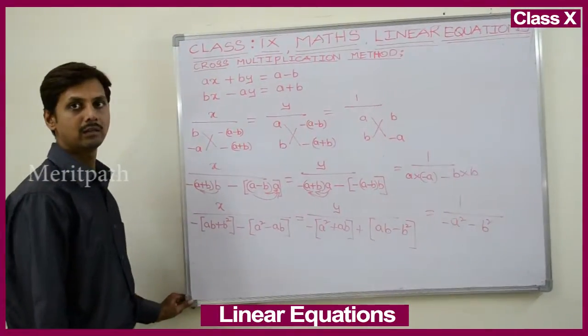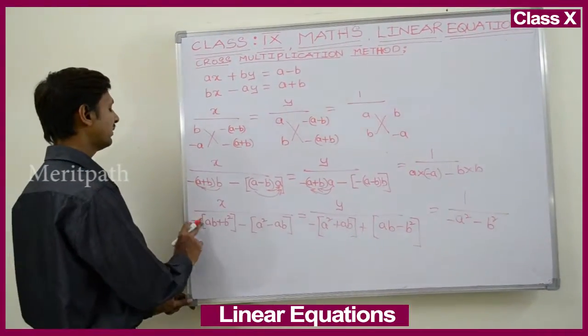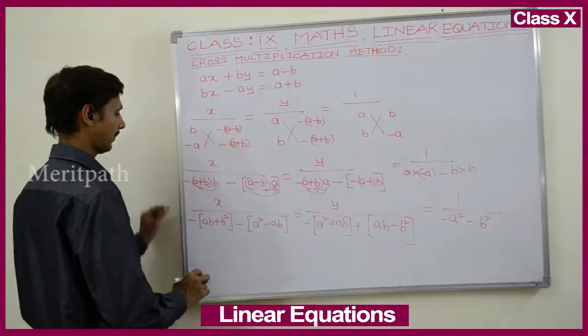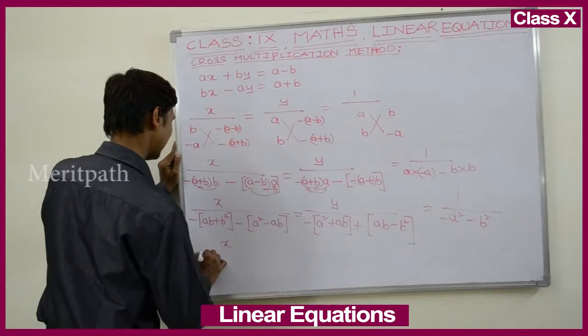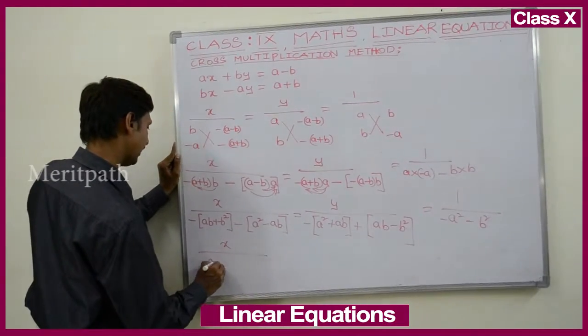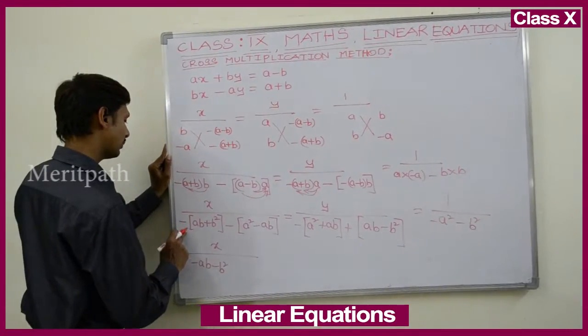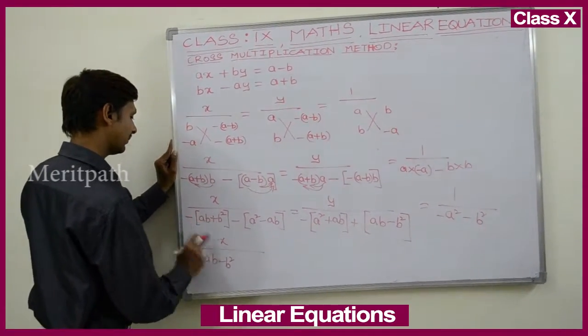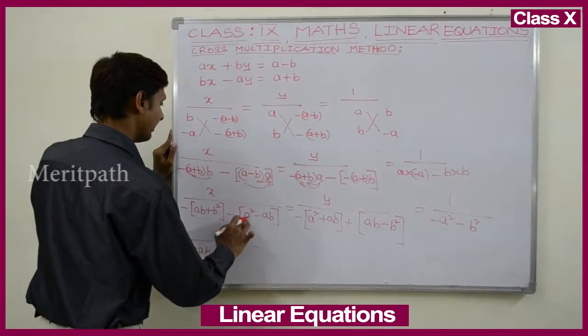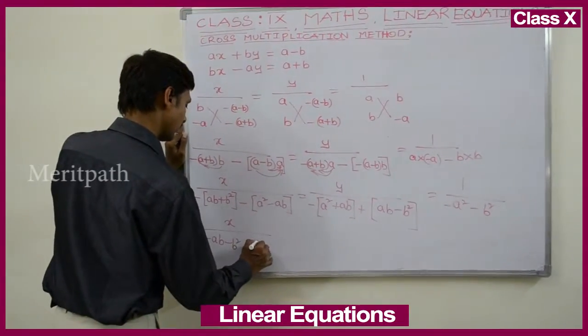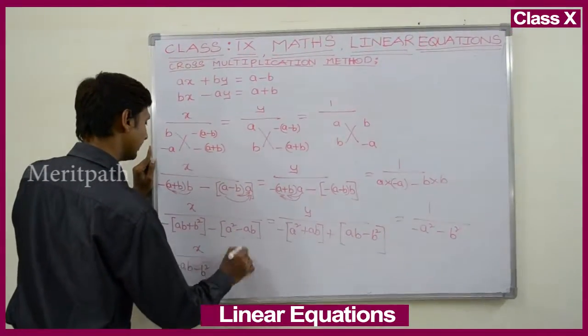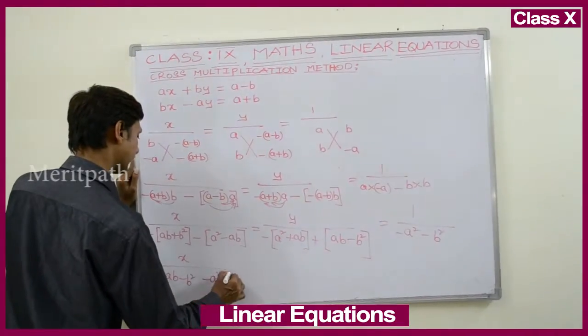Let us simplify this one. When we multiply with minus, it becomes x by minus ab minus b square, plus into minus minus plus into minus minus. Here, when we multiply with the minus, minus a square, minus into minus plus ab.